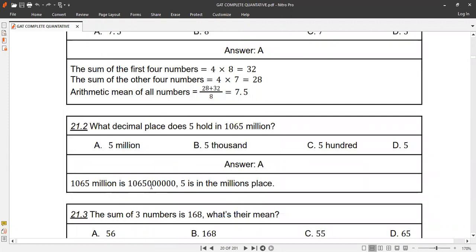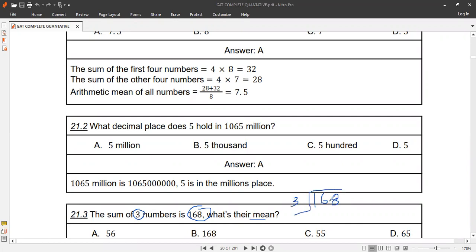Other question, which is about the mean. The sum of the 3 numbers is 168. What is their mean? As I mentioned in the beginning of the video, if you want to find the mean, you divide the sum directly by how many? So 168 divided by 3.